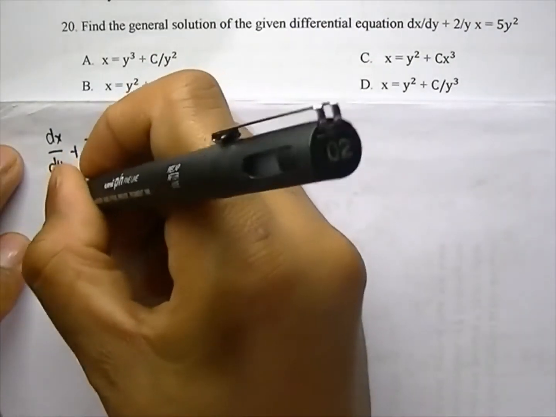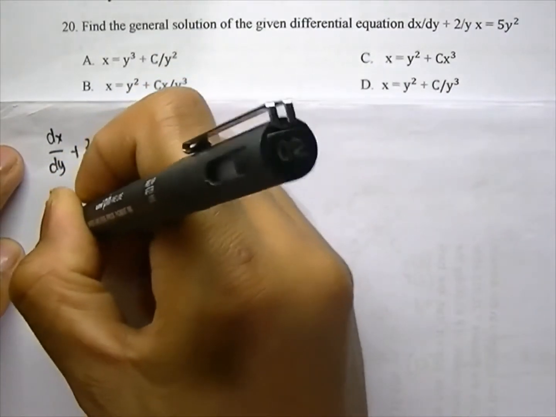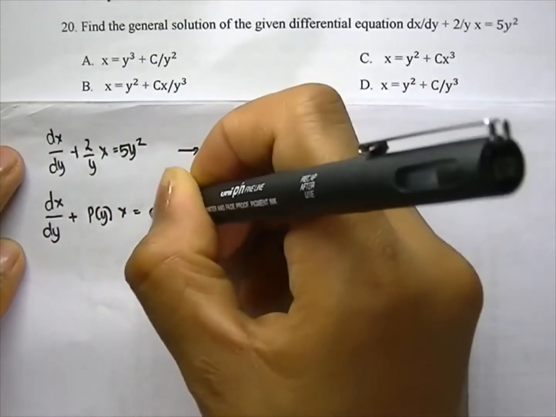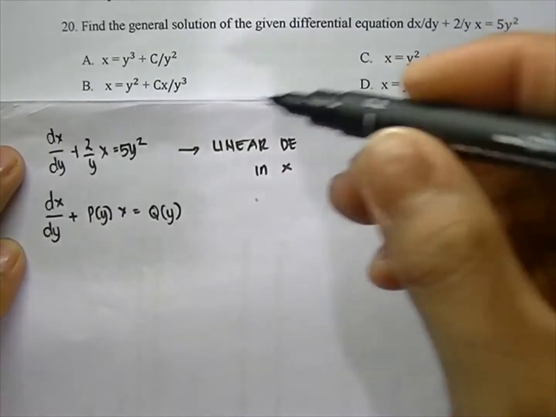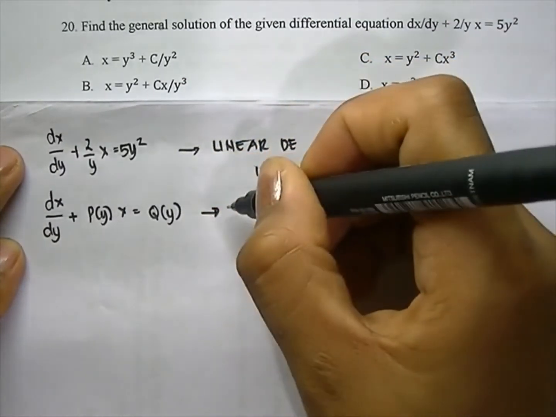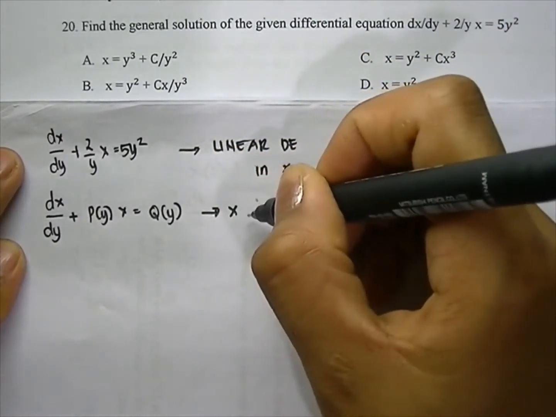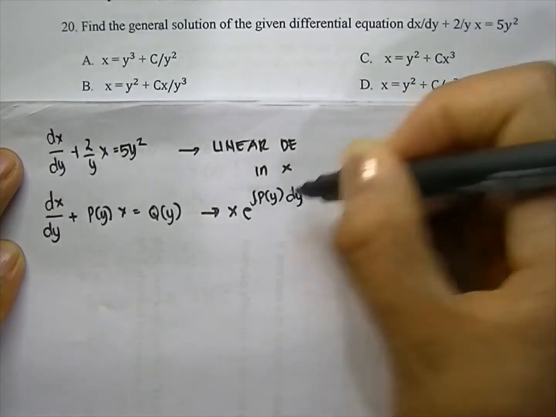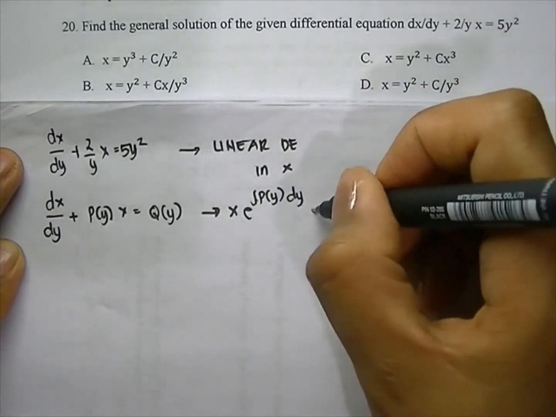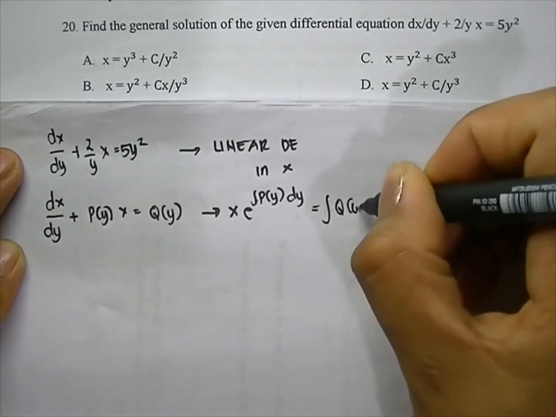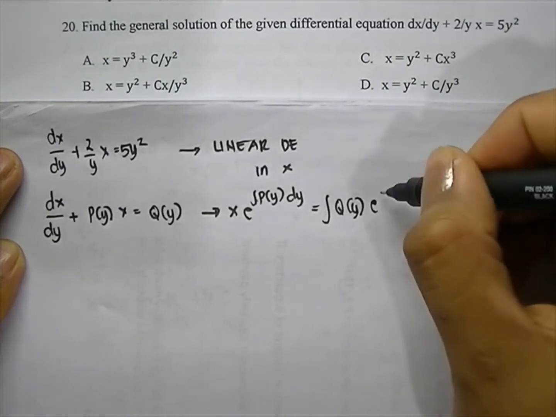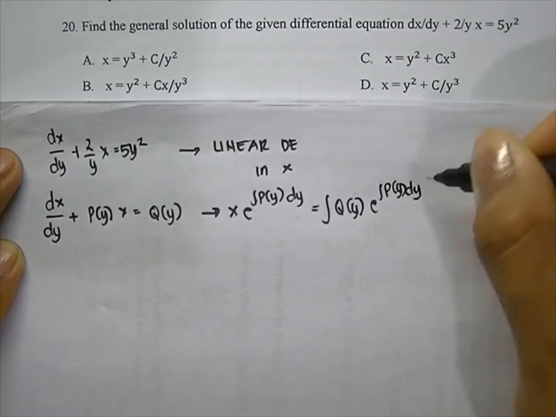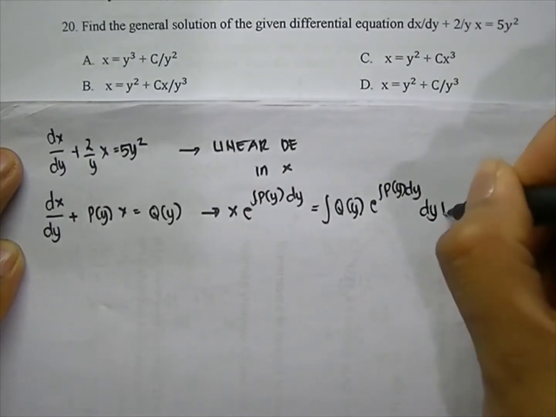So we have dx over dy plus p of y times x equals q of y, wherein the solution is x e raised to the integral of p of y dy equals the integral of q of y multiplied by e raised to the integral of p of y dy, plus c.